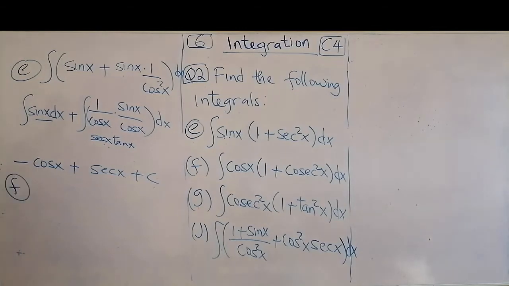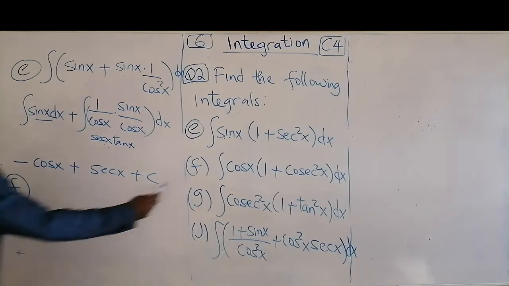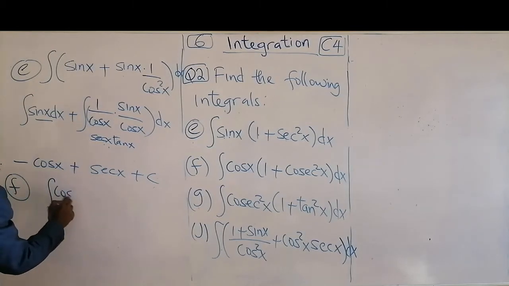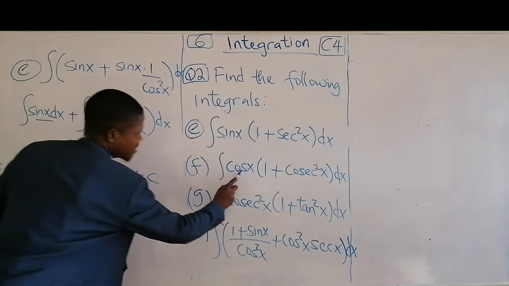For f, do the same thing also. Open this bracket, this times this, that's cos x, then plus cos x times this one.